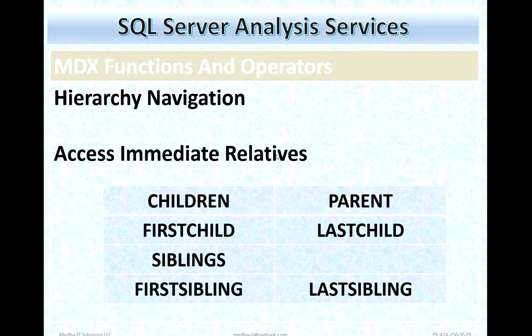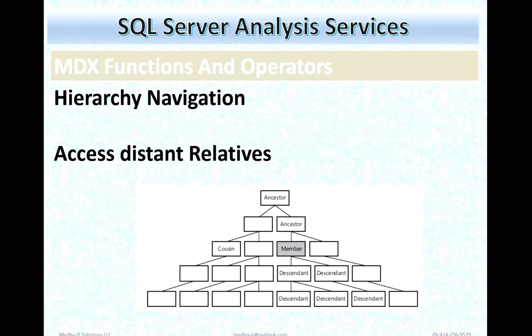So, that is immediate relatives. We saw how to access immediate relatives, which are nothing but the children, the parent, the siblings. Now, we have distant relatives. As we talked, not only can we access the immediate relatives, which are the parent and child, we can actually skip to a specific level.